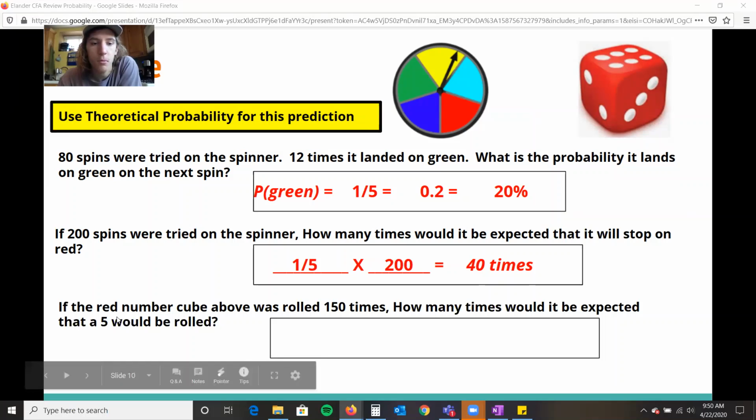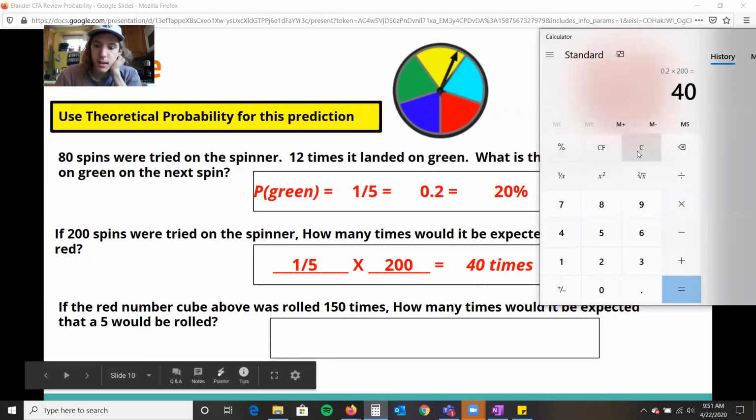Once again, use theoretical probability. If the red number cube above was rolled 150 times, how many times would it be expected that a 5 would be rolled? Okay, so if we roll it 150 times, we can assume that 1/6 is the probability of getting any of these numbers.